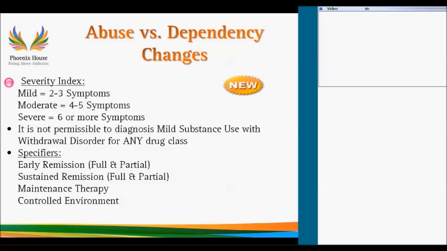There is no more 5-axis diagnosing. 5-axis diagnosing was intended basically to say, okay, axis 1 being the clinical disorder and the disorder that was identified as needing intervention, and then 2, 3, 4, and 5 was to substantiate that axis 1 disorder. That was the original logic and how 1 through 5 was applied.